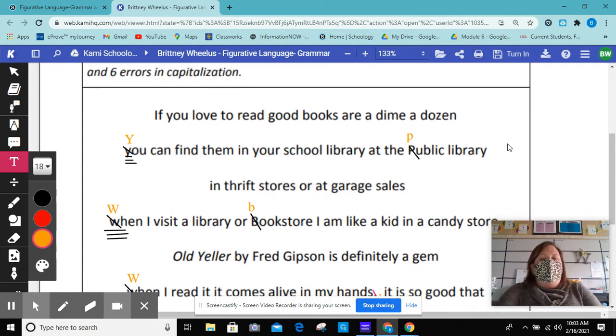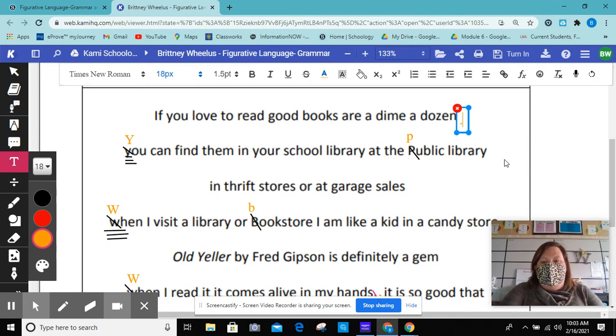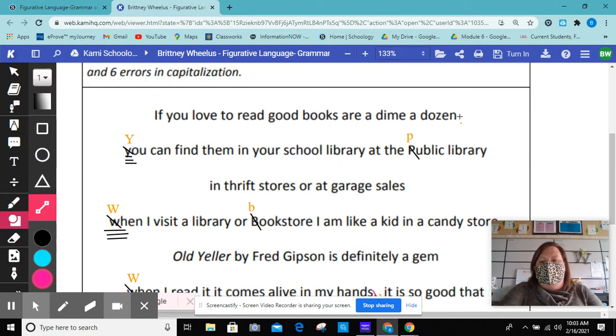Okay, so there's nothing in this sentence right now except a period that we need to put at the end. All right, you can find them in your school library. What needs to go after library? Comma, good.